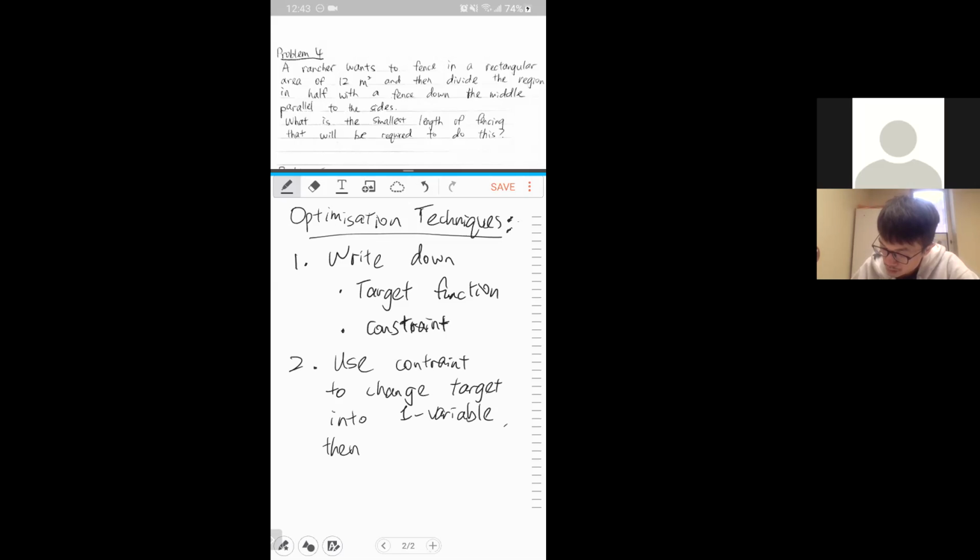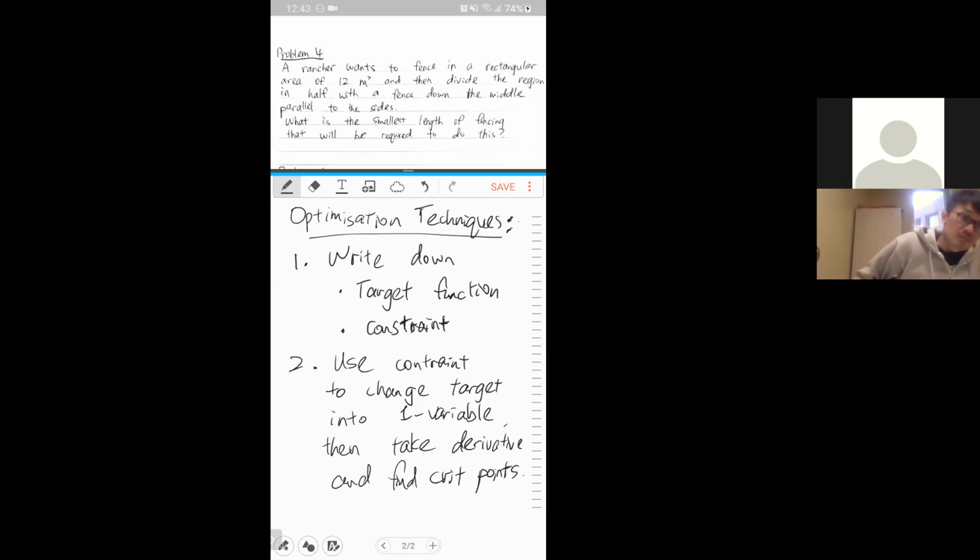And then take the derivative and find critical points. So for critical points, you need to set the derivative to be 0, and also need to check other points where it's undefined.